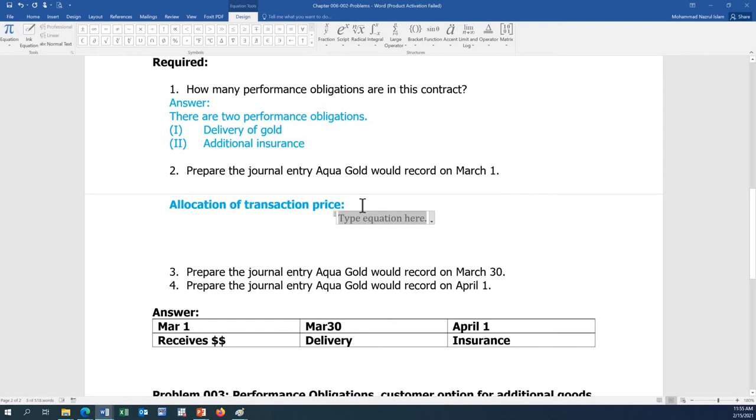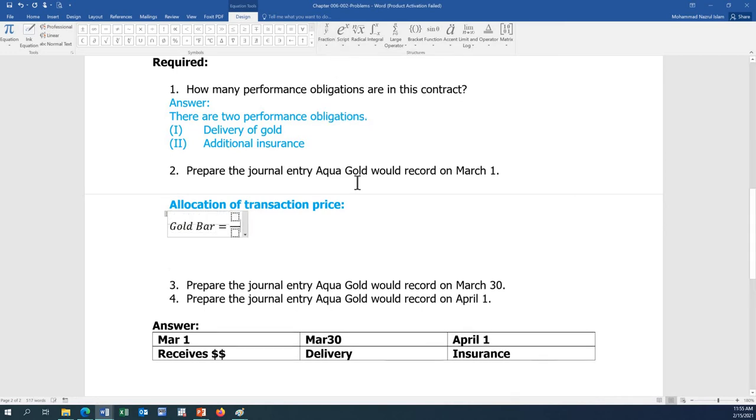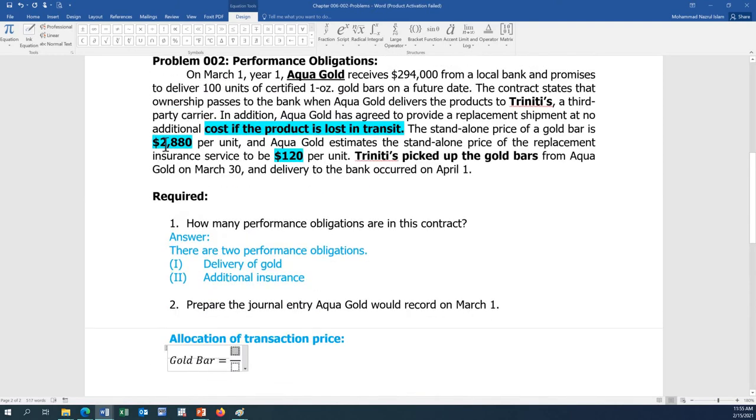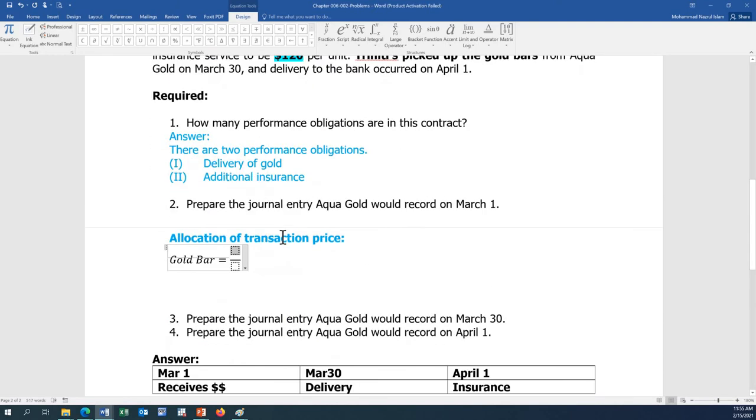For the gold bar, what is the standalone price of the gold bar? 2,880, correct?